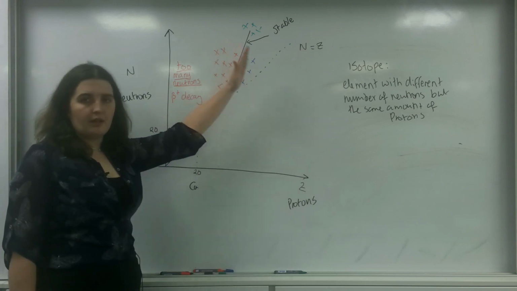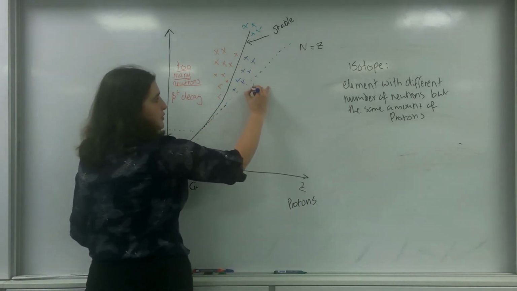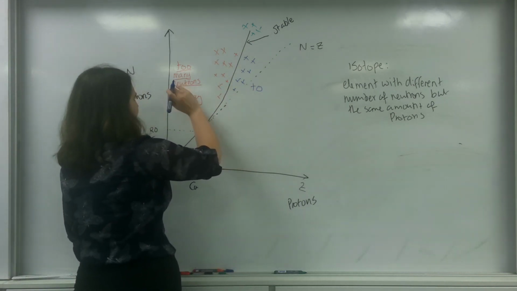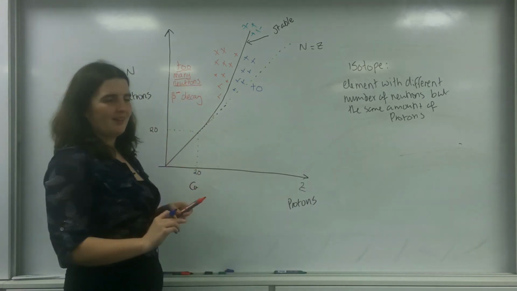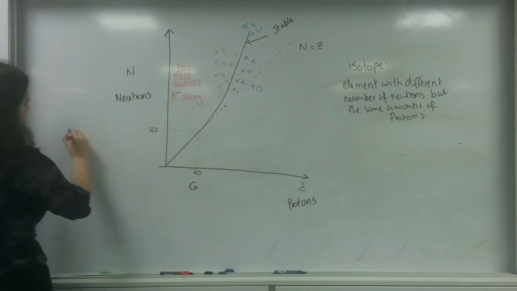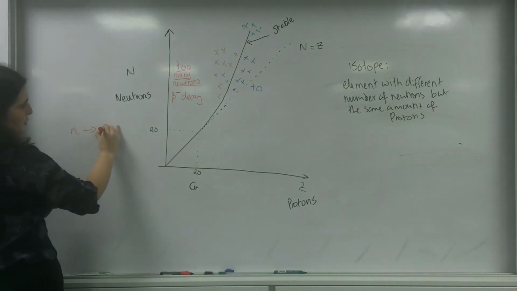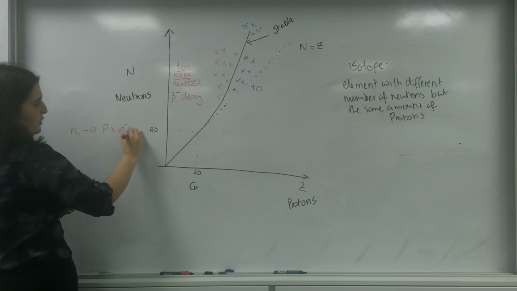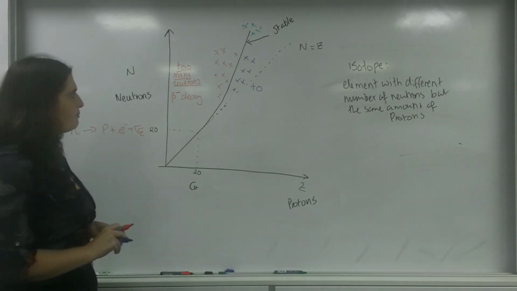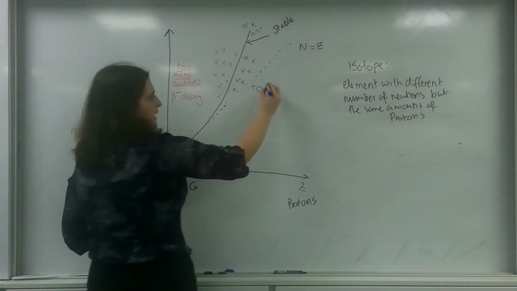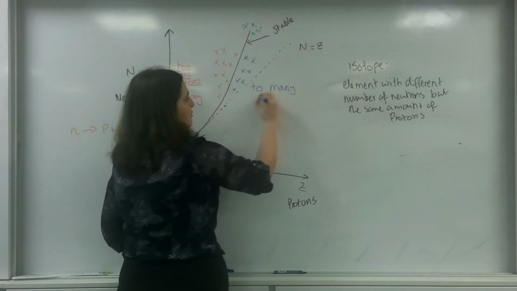Just to remind you, in beta minus decay a neutron goes to a proton plus an electron plus an anti-electron neutrino. On this side of the line, I have too many protons.